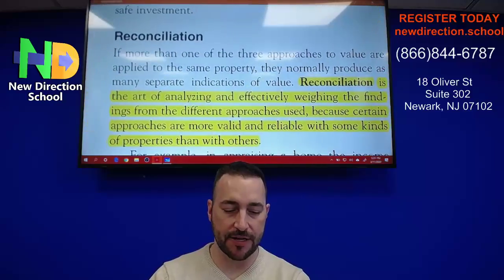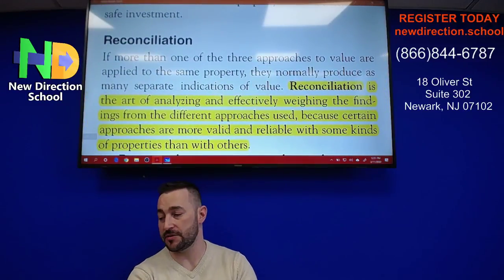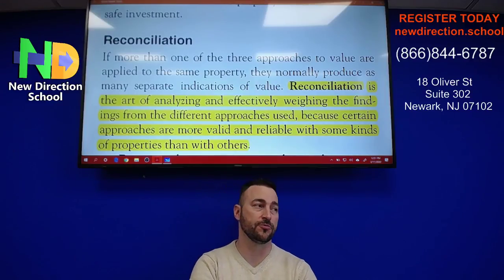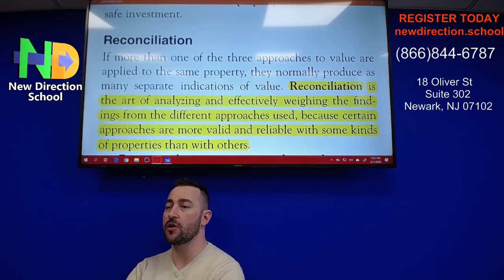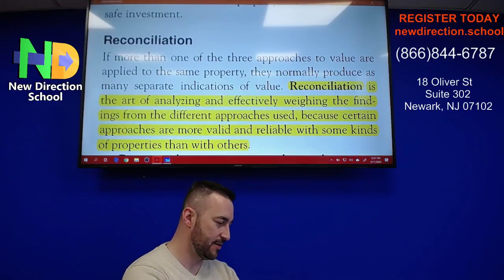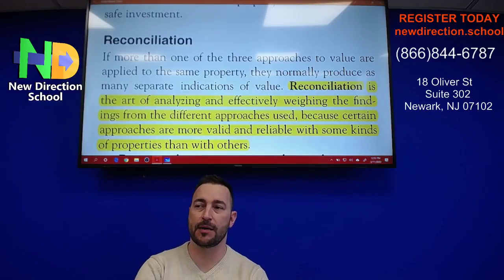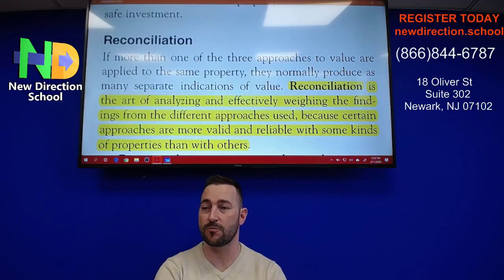Next page, we have reconciliation. Before the break, we talked about the sales comparison approach and the cost approach. After the break, we've been talking about the income approach, right? So we have three different approaches to value for figuring out the value of a property.